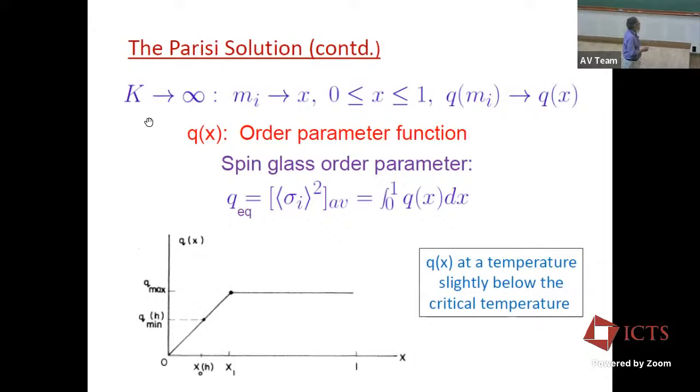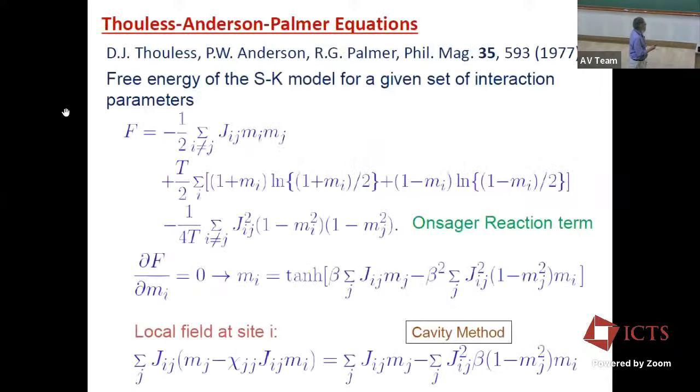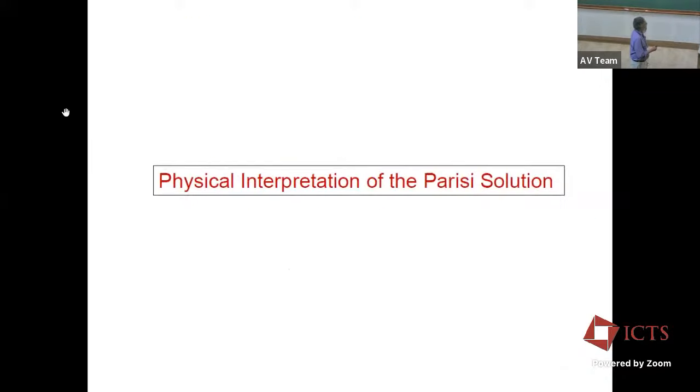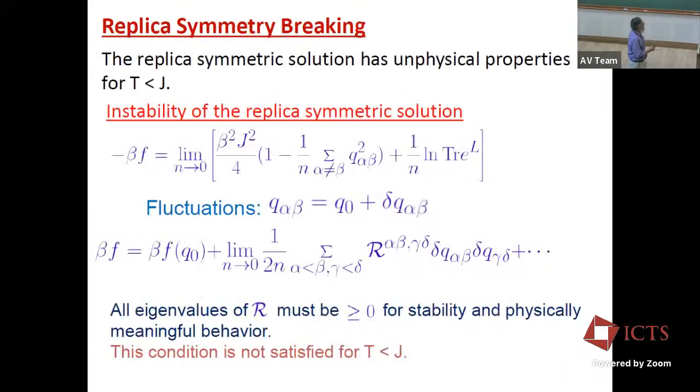I hope you understand that, because now it's going in the other direction. This was my expression for the free energy, written in terms of this q alpha beta. And the q alpha beta I have parameterized in terms of this function q of x, where x goes from 0 to 1.